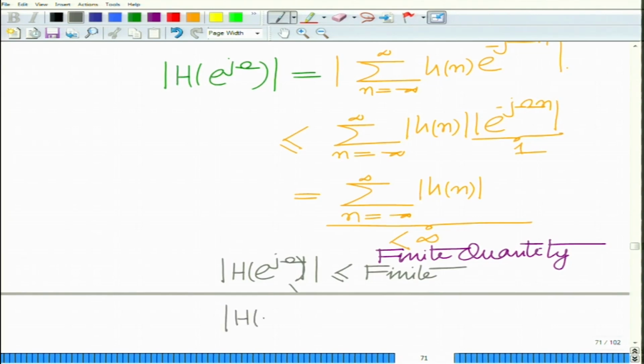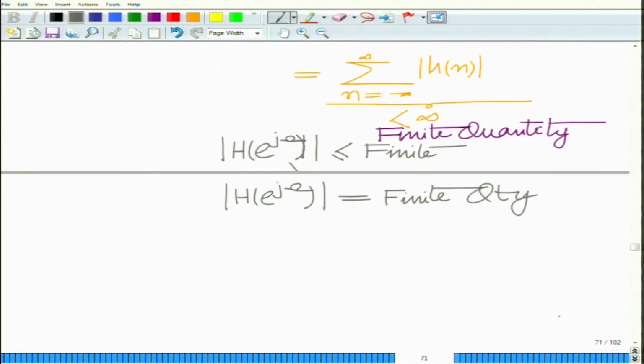So this is equal to a finite quantity, which means that this has to converge for every z equal to e^{jω}, and it has to be finite. Therefore, z equals e^{jω} for every ω is in the region of convergence, which means the unit circle must be in the ROC for a BIBO stable LTI system.